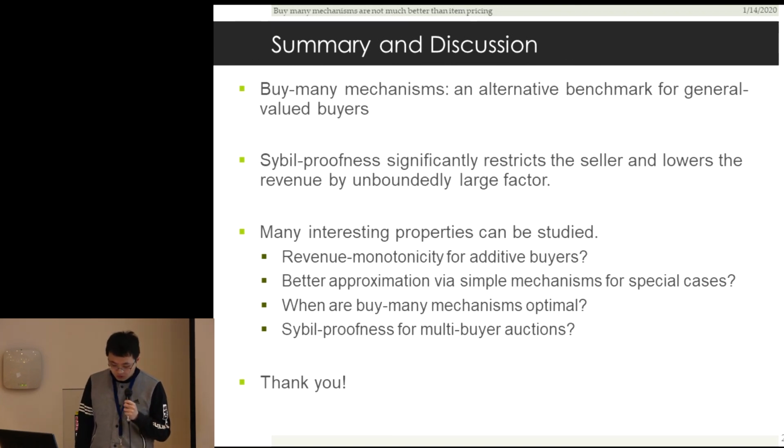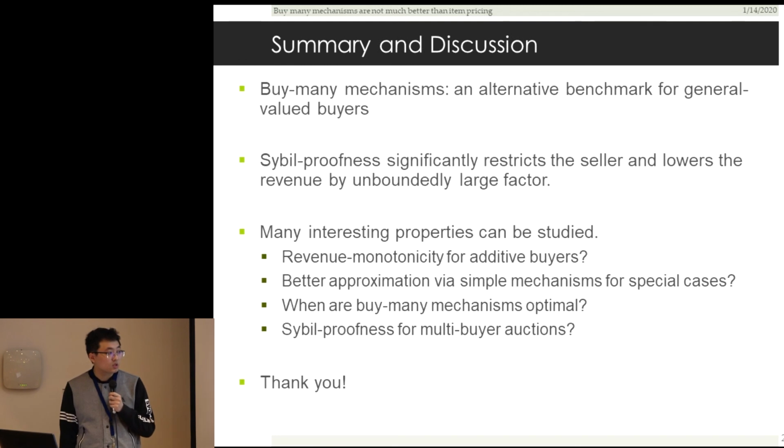Another interesting open question is how do we generalize this to the multi-buyer auction? This setting is basically the multi-buyer, multi-item setting with anonymous sequential mechanism, and the bi-many assumption is just kind of false-name-proofness, that the buyer cannot create false identities to participate in this mechanism to get larger revenue, to get larger utility.